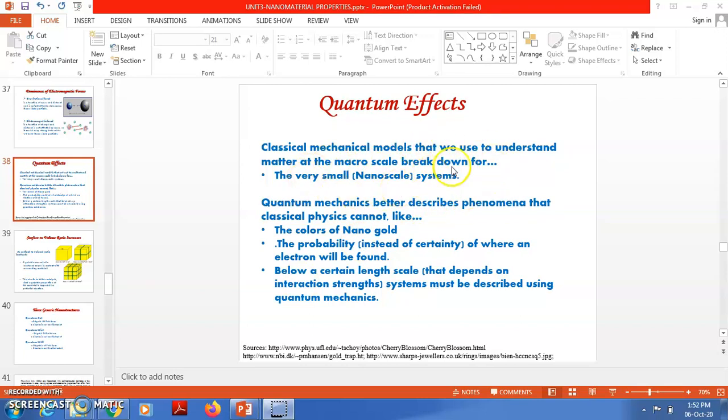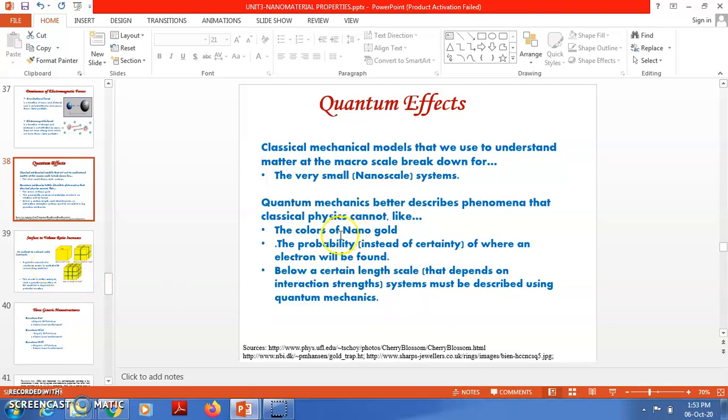For very small systems, quantum mechanics better describes the phenomena that classical physics cannot, like the color of nanocrystals and the probability of where an electron will be found. Below a certain length scale, a system must be described using quantum mechanics.